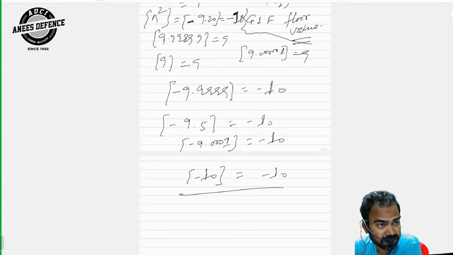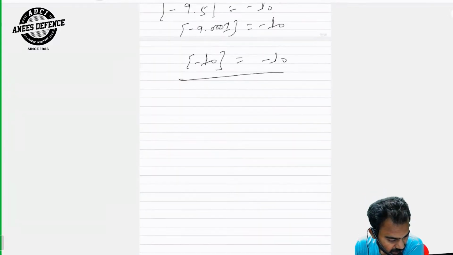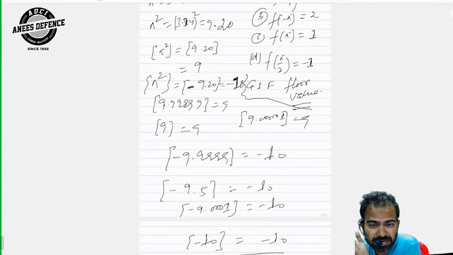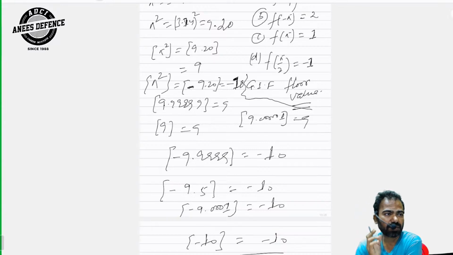Getting 9.2, that is pi square, will be 9. Getting minus pi square will be minus 10. Have you understood this?